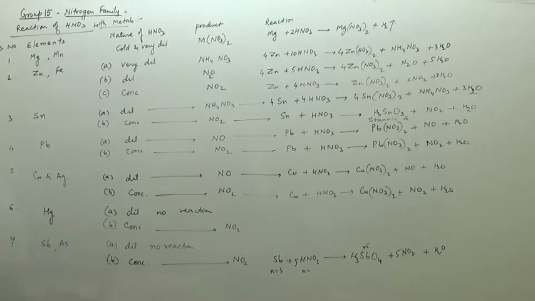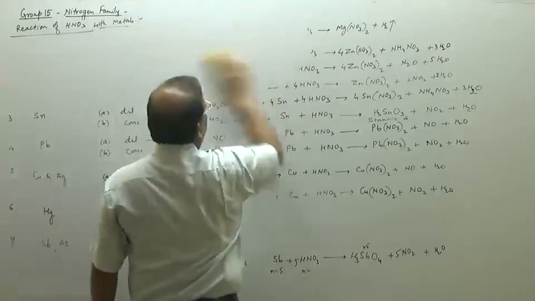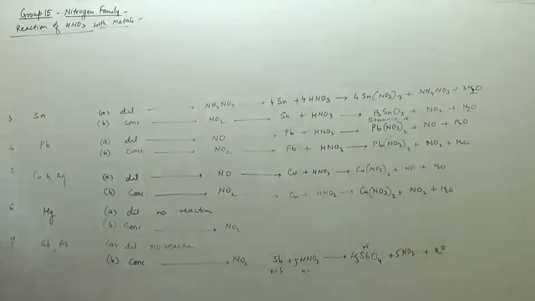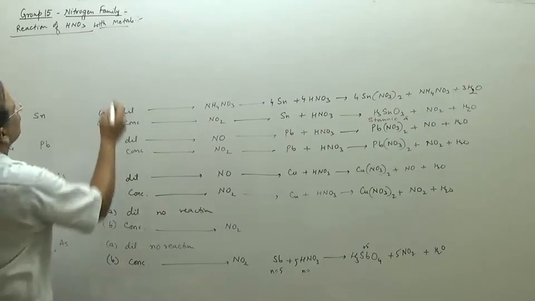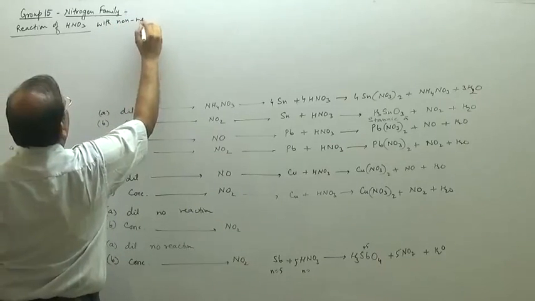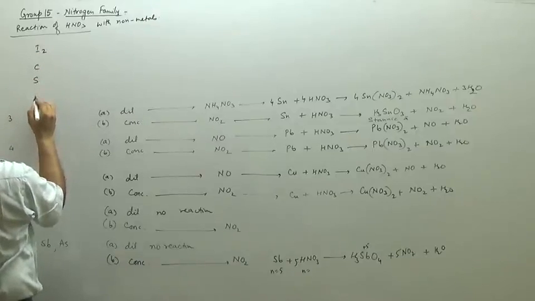Similarly, the reaction with non-metals forms the acid, and we get the product like this. So I'm going to write some reactions with non-metals. Suppose I have I2, carbon, sulfur, like that.